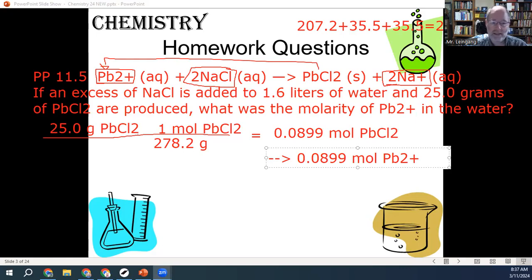Okay, well, I wasn't asked the moles of Pb2+. I was asked the molarity of Pb2+. So I have to figure out, what does that mean practically speaking?